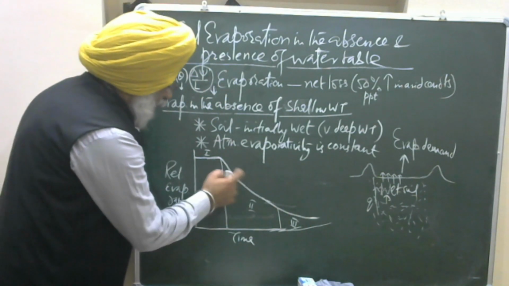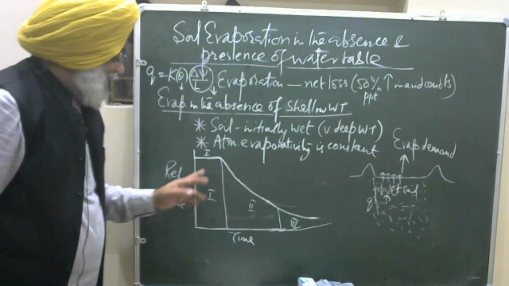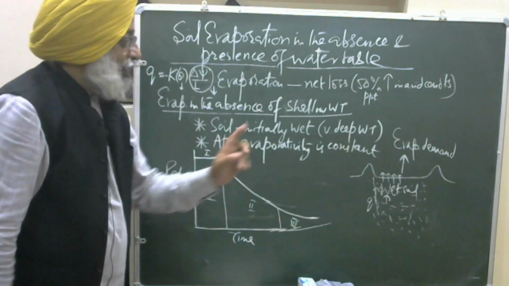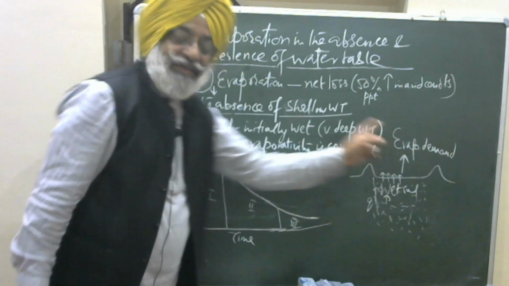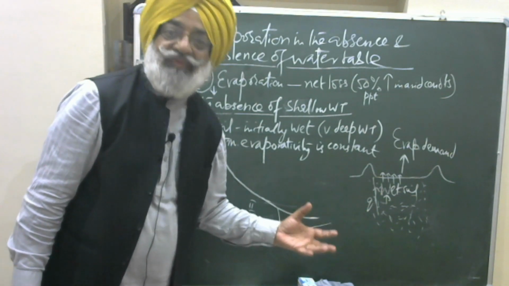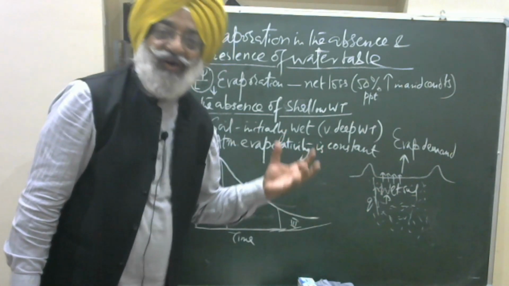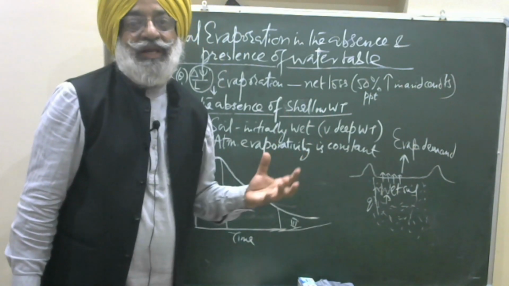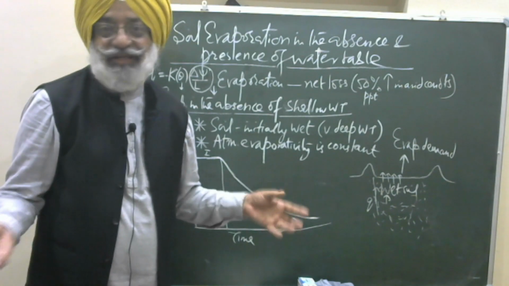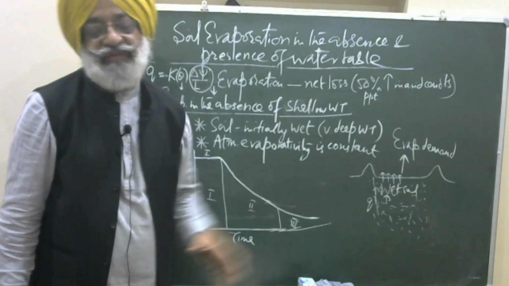Now stage 2, as I said in my previous lecture, stage 1 will be controlled by the evaporative demand. Stage 2 will now be controlled by the profile characteristics, the water conducting properties of the soil. And water conducting properties of the soil depend upon hydraulic conductivity, as we discussed in our previous lectures.